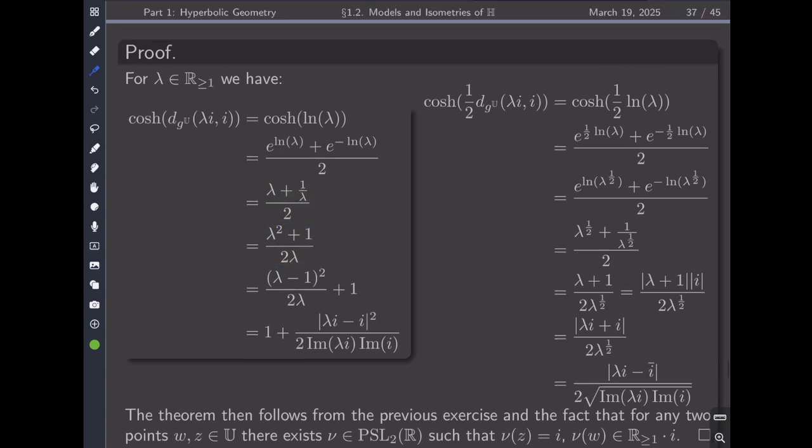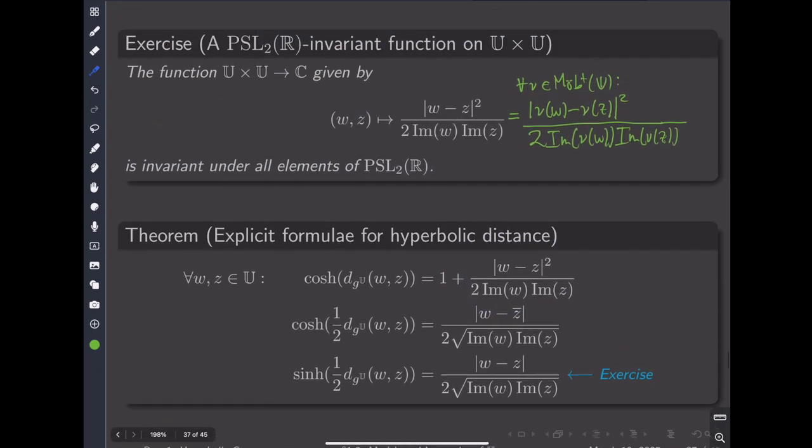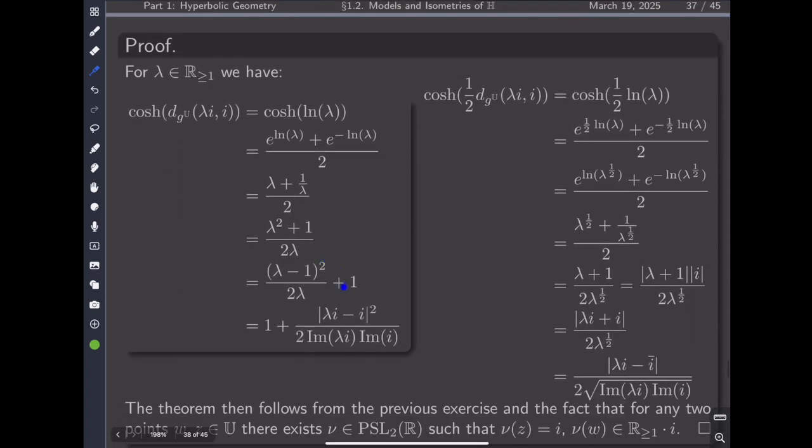And then knowing what I want to arrive at, especially that I want to use the fact that this is invariant under PSL2R, I just play a really small dirty algebraic trick, and I notice that this is exactly this.